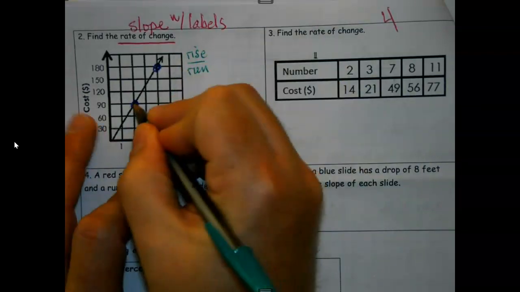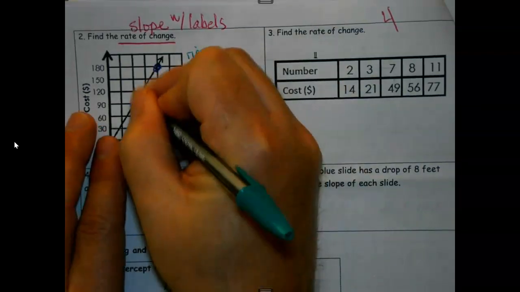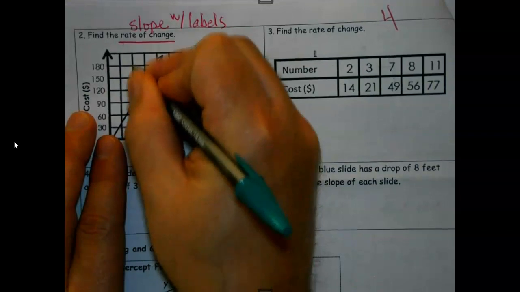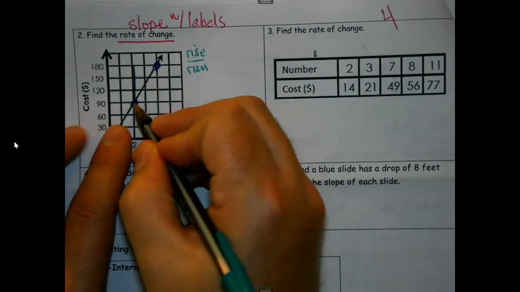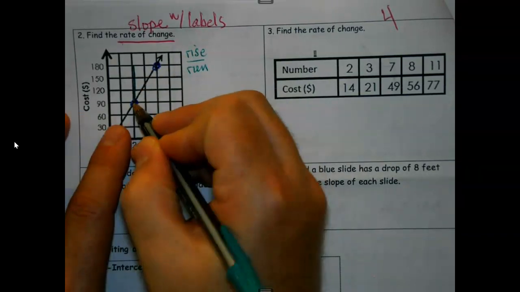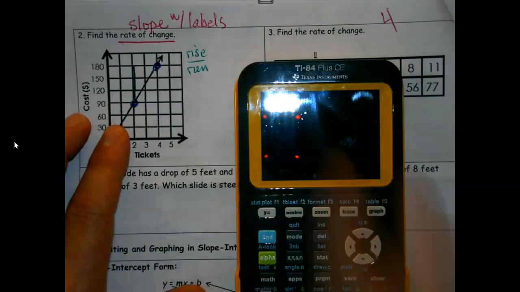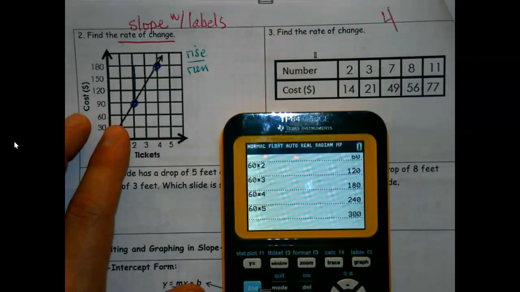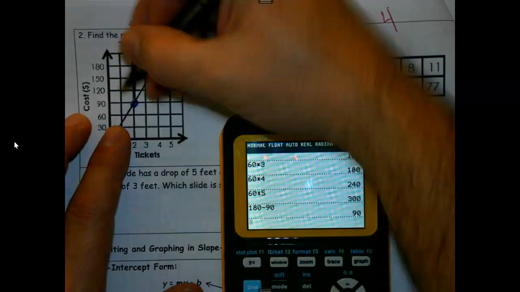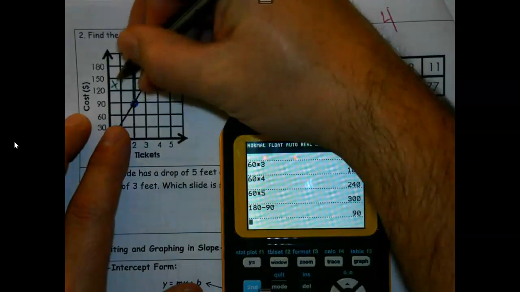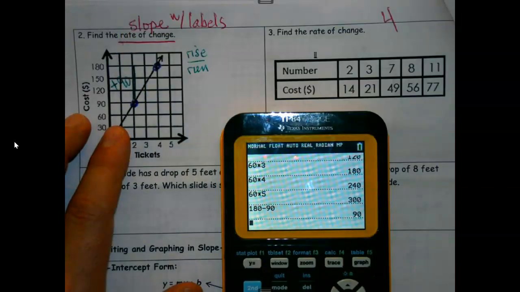So I start from my 1 dot and I go up until I get even with that second dot. So I went up, let's see, I went up from 90 to 180. If I wasn't sure how far that is, I can do it that way. 180 minus 90 is 90. So I went up 90.